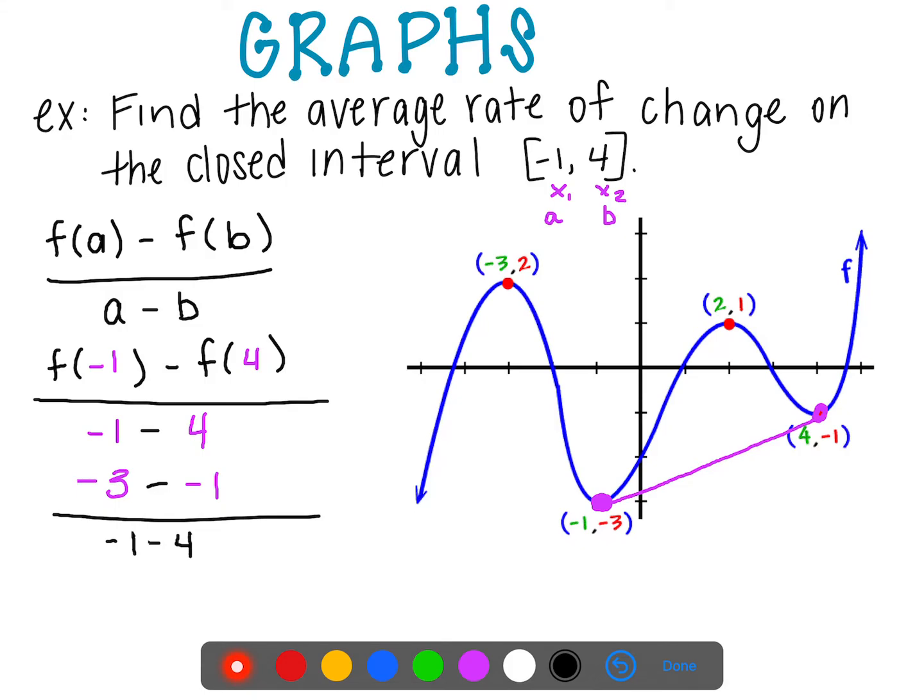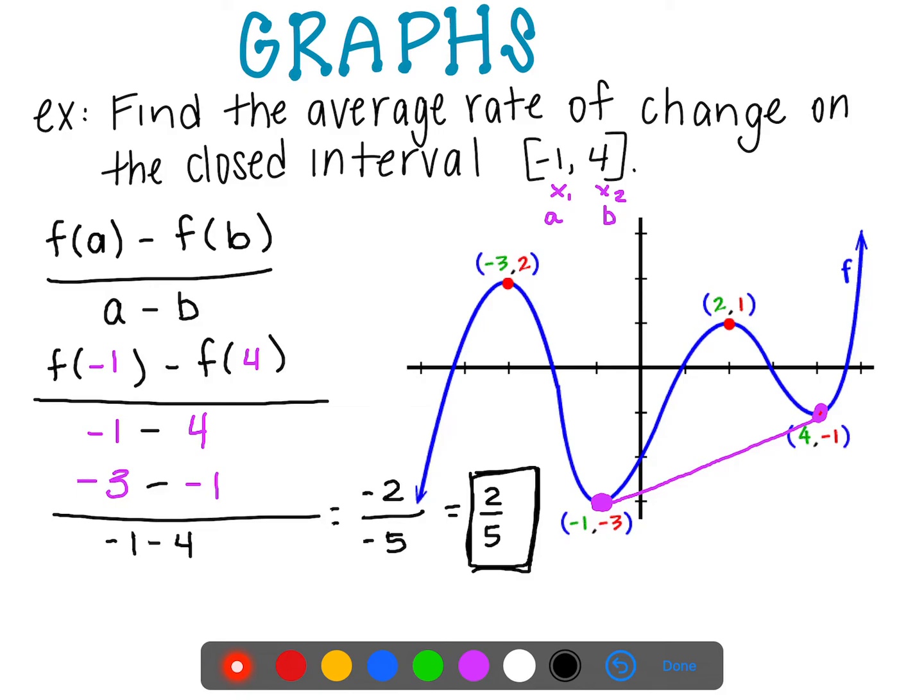I'm going to take -3 minus -1. -3 minus -1 gives me what? -2, right? Over -1 minus 4, -5. So my average rate of change is really 2/5. My average rate of change from -1 to 4 is 2/5.